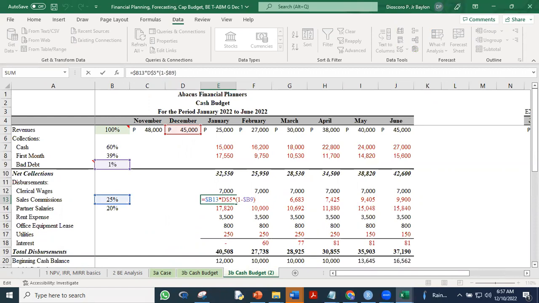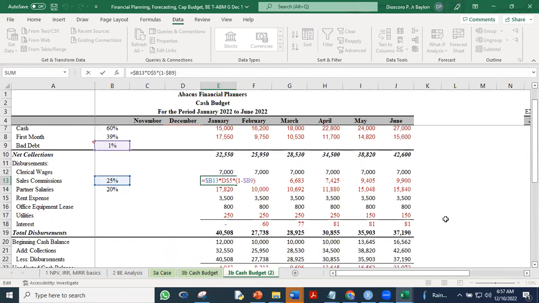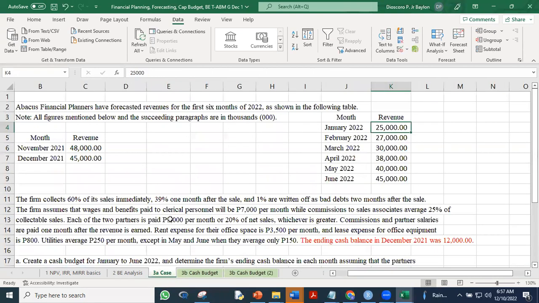How about sales commission? Let's go back to the statement. Sales commission is 25% of the collectible sales, and this is paid 1 month after the revenue is earned.